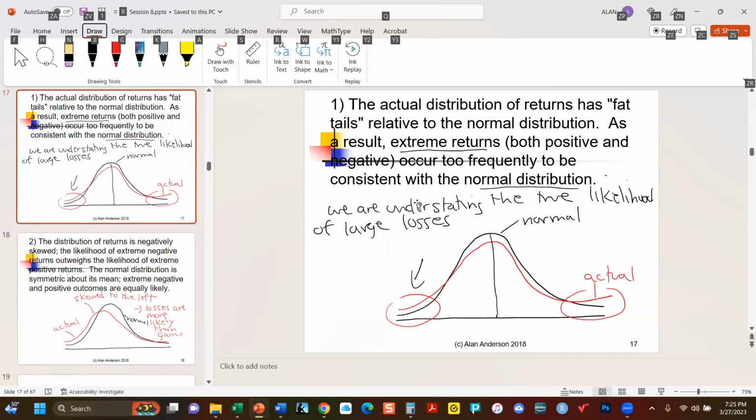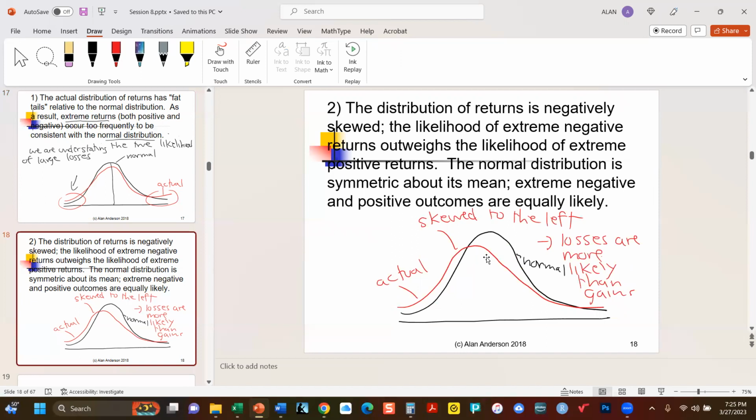And they almost destroyed the world's economy. Now, another way in which the returns are not really normal is that there tends to be a bit of a bias towards losses. If you look at this red curve, you can see that it's skewed to the left, in the sense that the average return in the red curve is below the black curve.